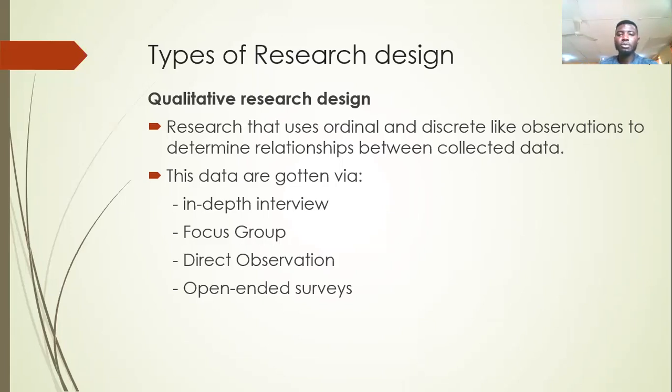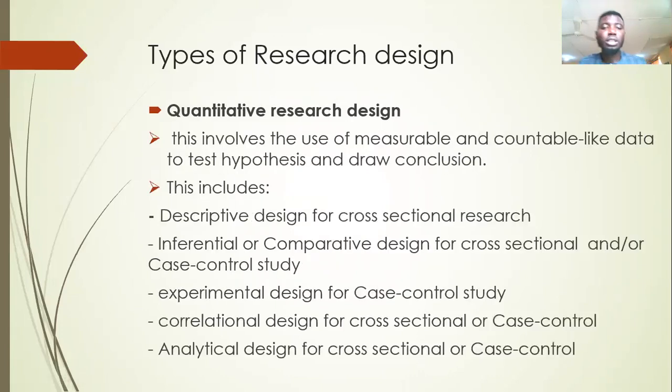Now, without wasting much of our time, we should go into the next. Now, on the quantitative, this is measurable, from the word quantity. This involves the use of measurable and countable-like data to test your hypothesis and draw conclusion. In this case, unlike that one, you have to use data that is not countable.